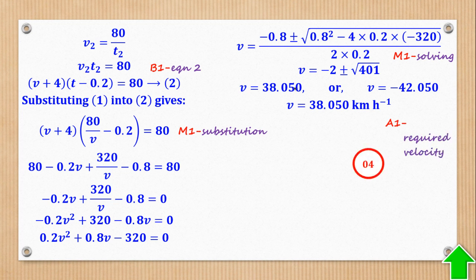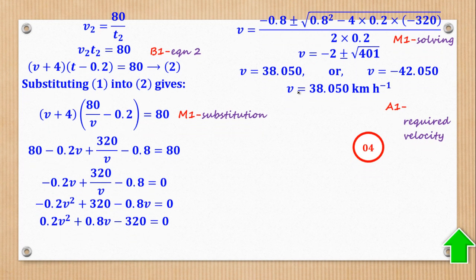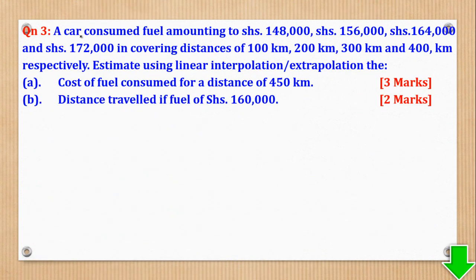And basically that is what they wanted. Question 3 says, a car consumed fuel amounting to shillings this, shillings this, shillings this, and shillings this, in covering the distances 100, so 100 corresponds to this, 200 corresponds to this, 300 corresponds to this, and 400 corresponds to this.